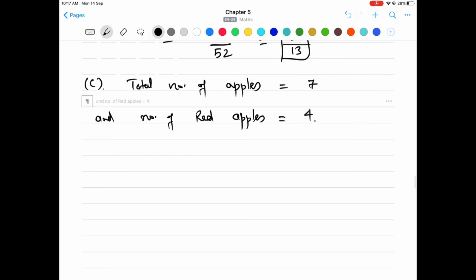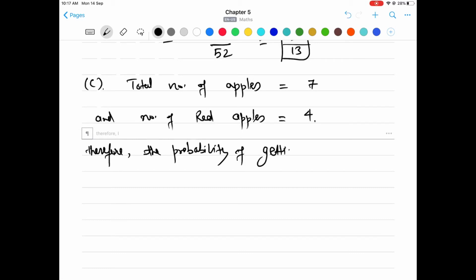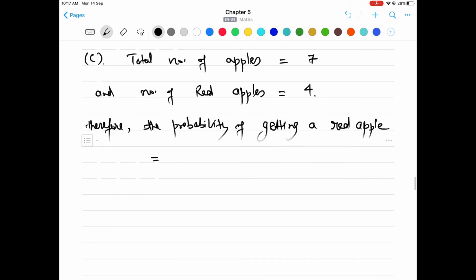So now the probability of getting a red apple is equal to the number of red apples divided by the total number of apples.